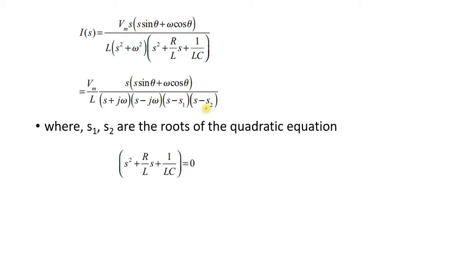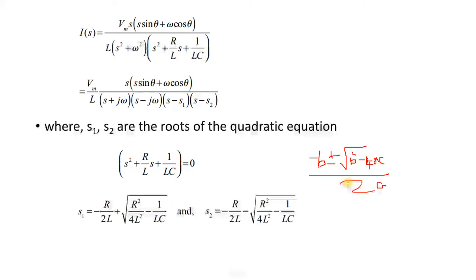We know the formula to find the roots, which is minus b plus or minus square root of b square minus 4ac, divided by 2a. Substituting the values of a, b, c in this equation, we get the roots s1 and s2.